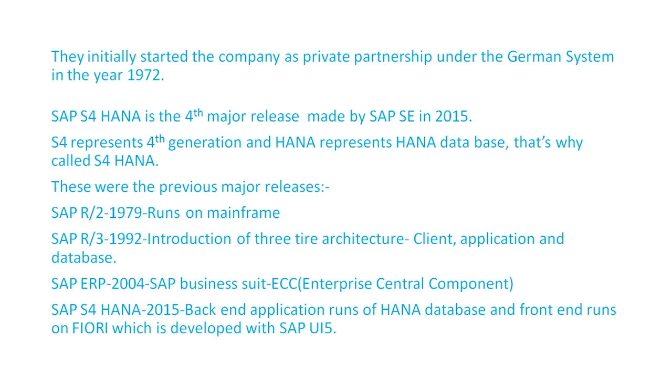So in the second generation, what happens? Due to the internet technology, people can sit at another place, which is called the client. Okay, people or end users are called clients, and your SAP software can be kept in a different server at a different place, and the database server, where the data is actually saved, can also be kept in another place.